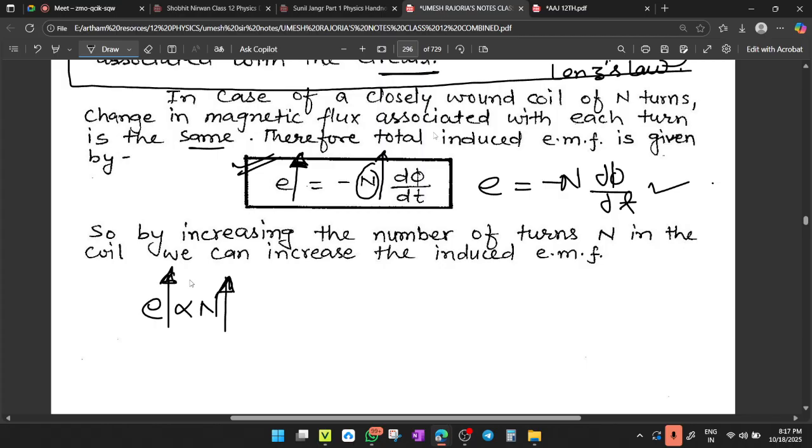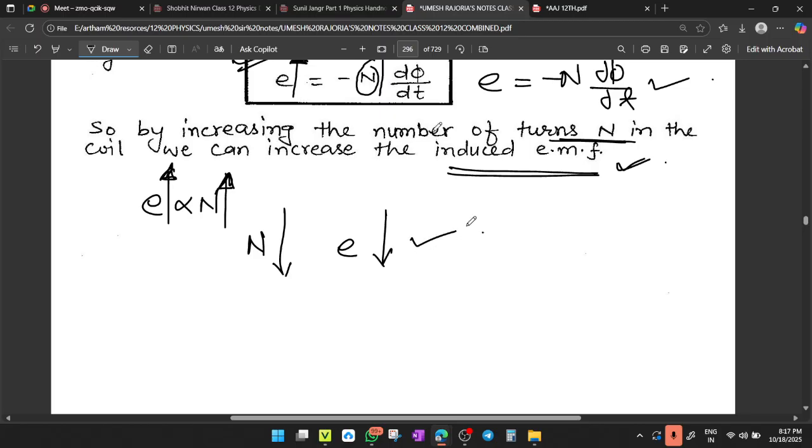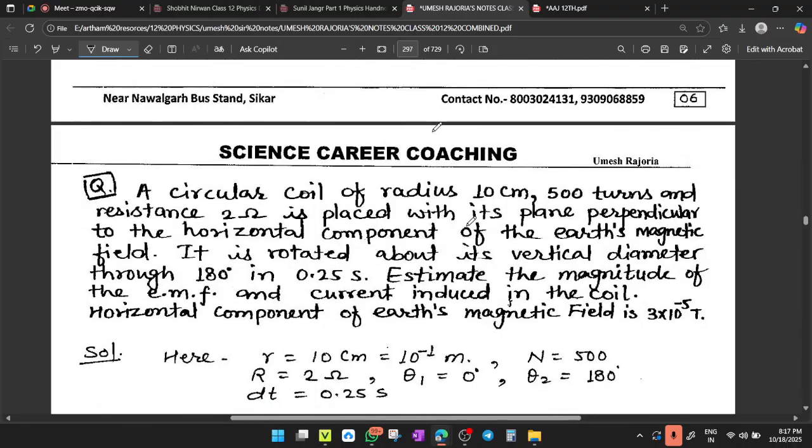So by increasing the number of turns N in the coil, we can increase the induced EMF, right? And when you decrease the number of turns, the amount of EMF is also decreased. Clear or not clear?